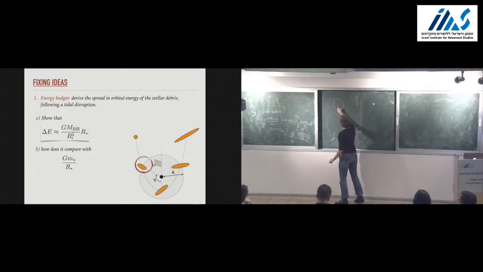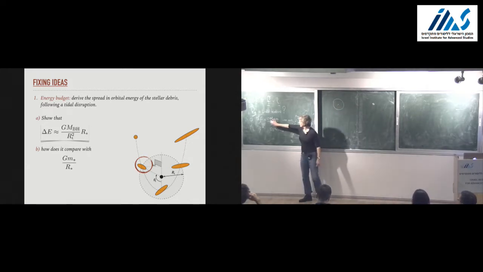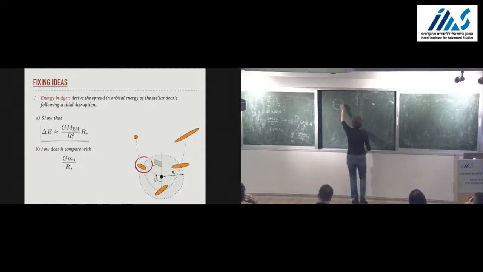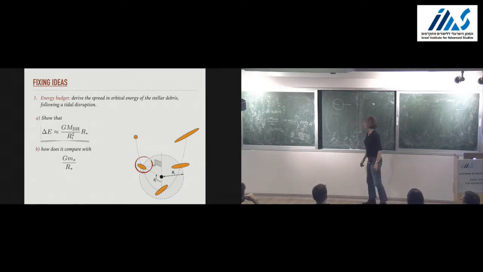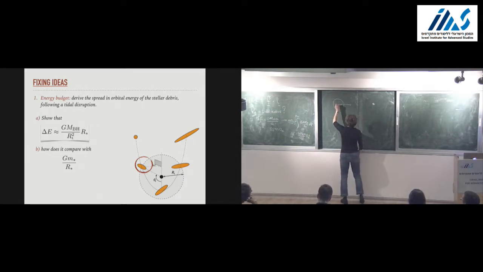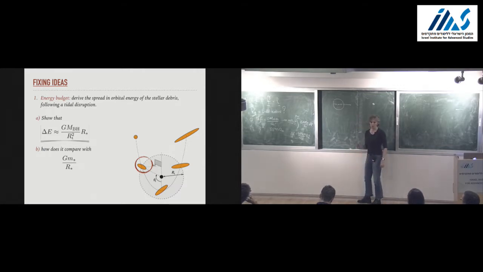This is the center of mass that suffers this force. But there is a gradient. This part is pulled with a bigger force than this part because it's farther away, and the force scales with r squared, right?